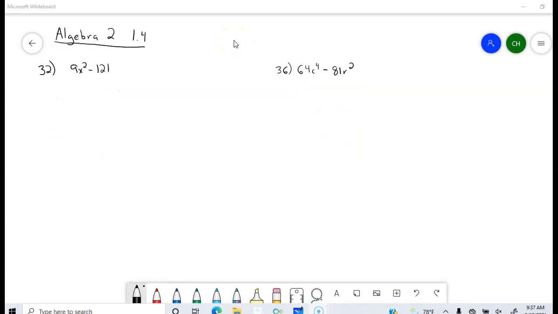Okay, the next special factoring case we have is the difference of perfect squares.